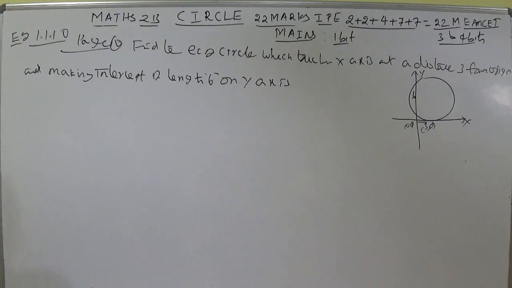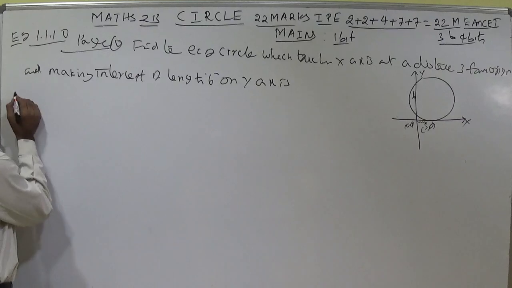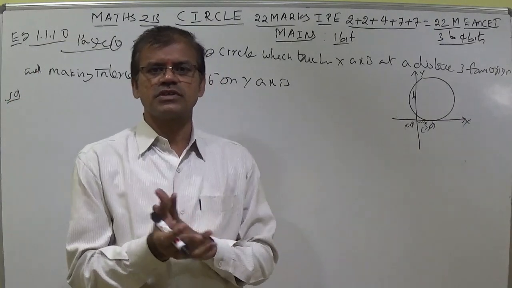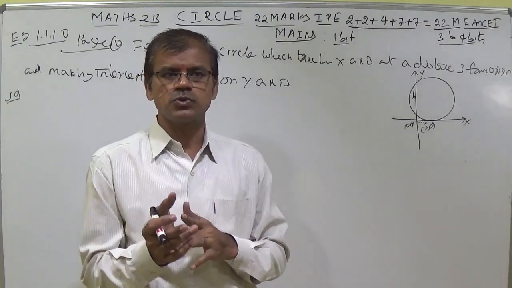To calculate the equation of circle, the general standard equation of circle is x square plus y square plus 2gx plus 2fy plus c equal to 0.